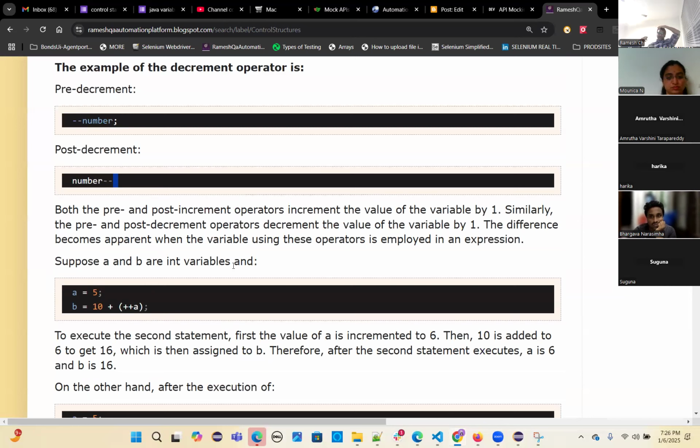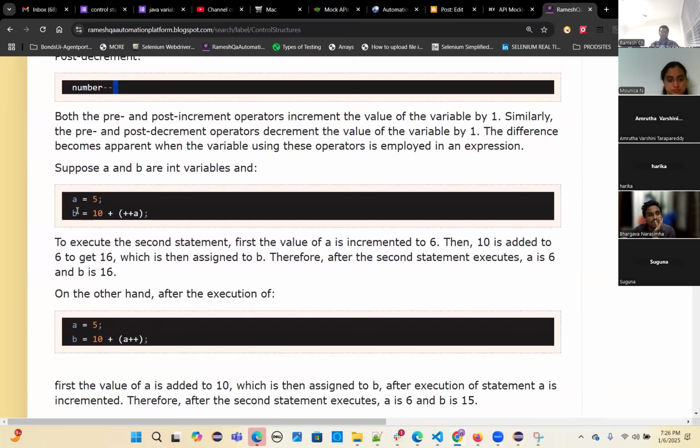Similarly, pre and post decrement operators subtract 1 from the current value. What is the difference between them? Let me show you examples. Please understand, on this you will get a lot of interview questions. So a equal to 5.